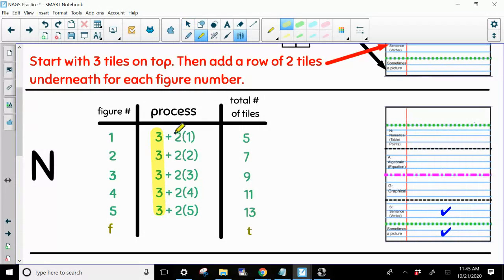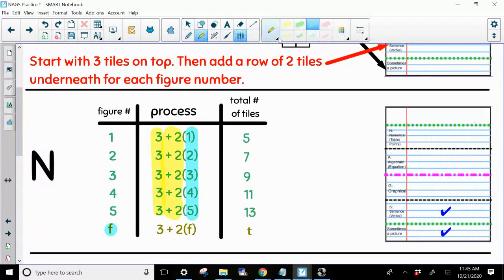These 3 plus 2 is going to be consistent. What changes, and what we're going to add as our variable, is our figure number. So what that's going to look like is 3 plus 2f. All right, and that's going to be your process.